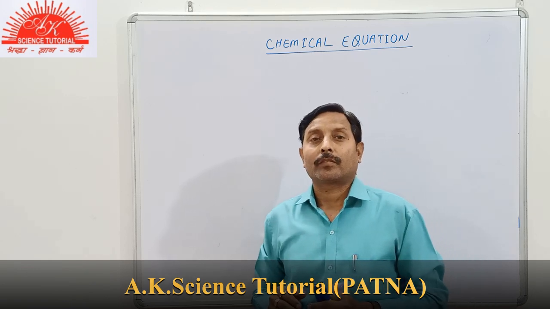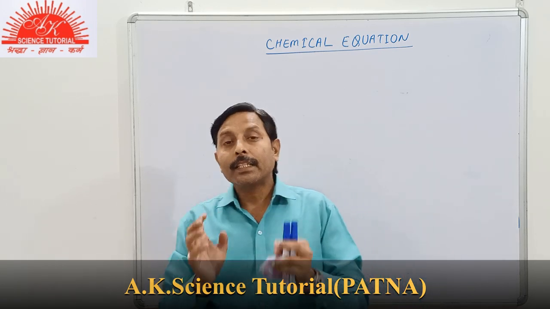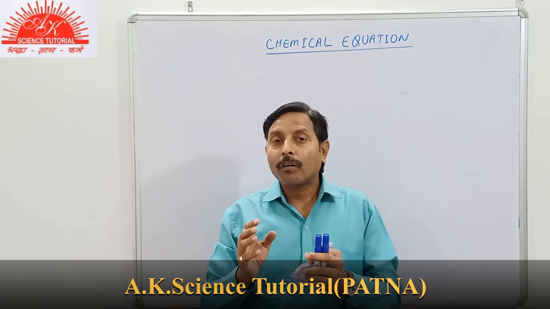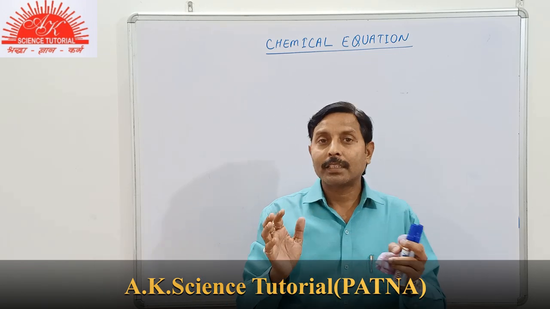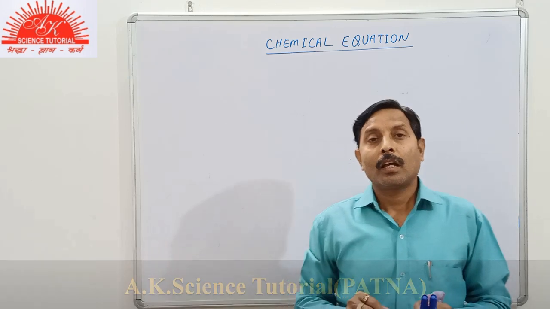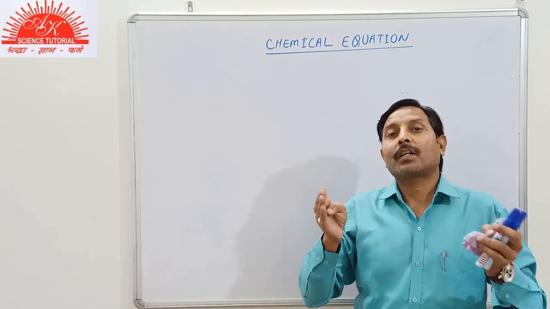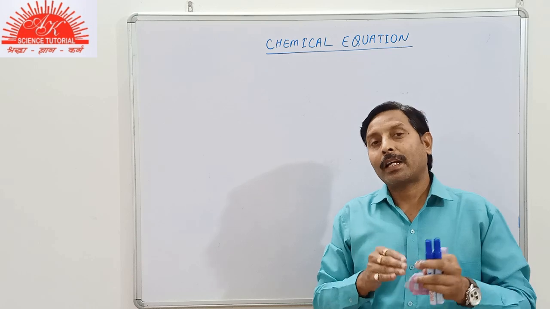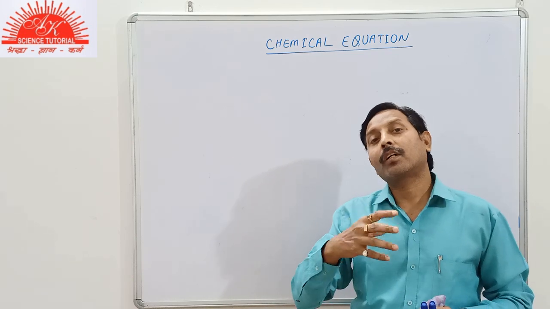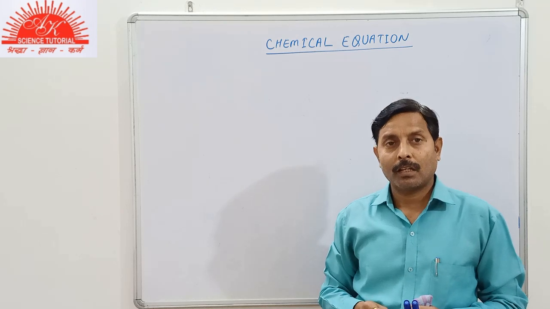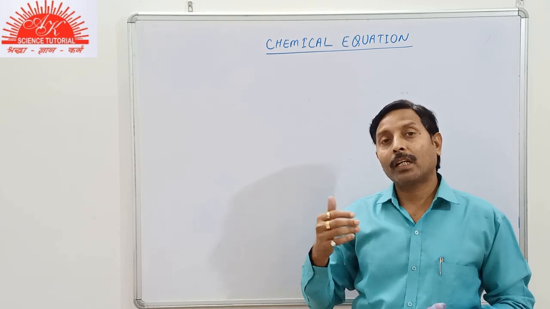केमिकल इक्वेशन एक्चुअली इट इज द मेथड ऑफ रिप्रेजेंटिंग अ केमिकल रिएक्शन और केमिकल चेंज। Now suppose two substances are combined together to form a new substance, then this is called chemical change or the process is called chemical reaction.